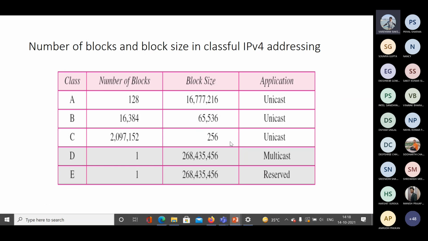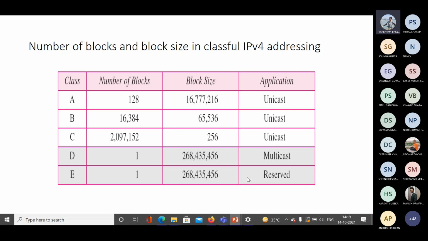The class D addresses are generally used for multicasting. That means you are trying to send your data to different destinations at the same time. So in those cases you use these addresses, and the application is called multicast.